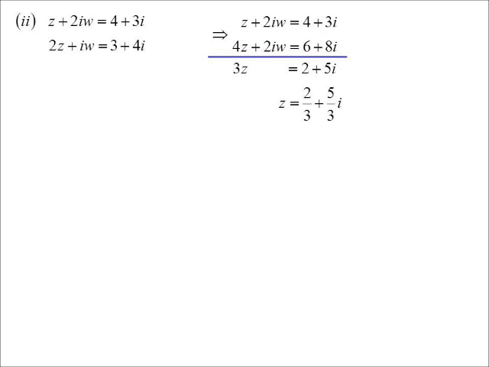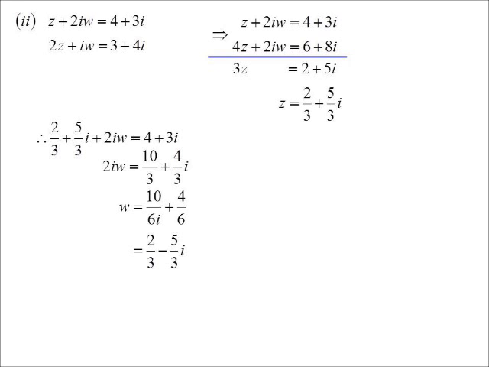So I could either make the coefficient of z on the top one to be 2, or I could make the coefficient of the bottom one for w to be 2i. Just need them to be the same. So which way around did I go? I made the coefficients of w the same. So the bottom one now becomes 4z plus 2iw is 6 plus 8i. So if I subtract, 3z will be 2 plus 5i. So z is 2/3 plus 5/3 i.